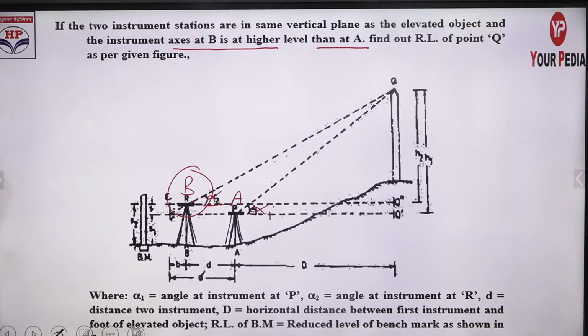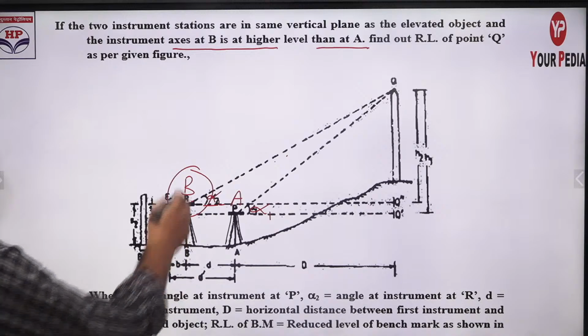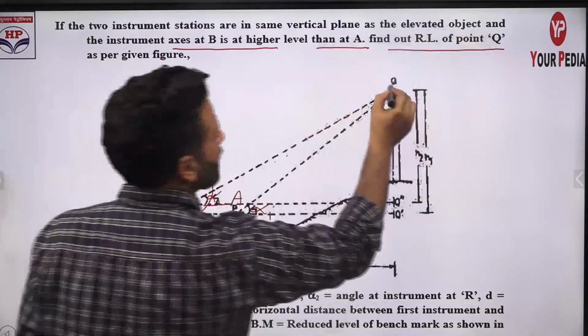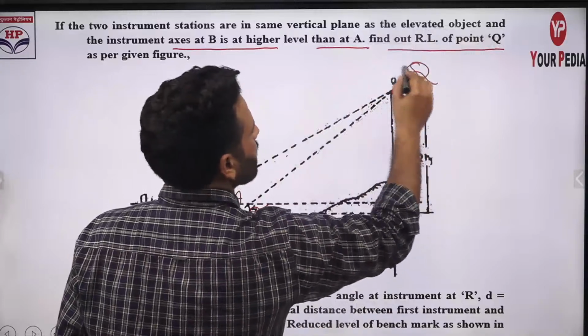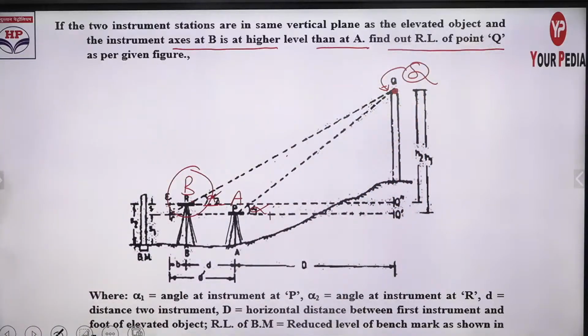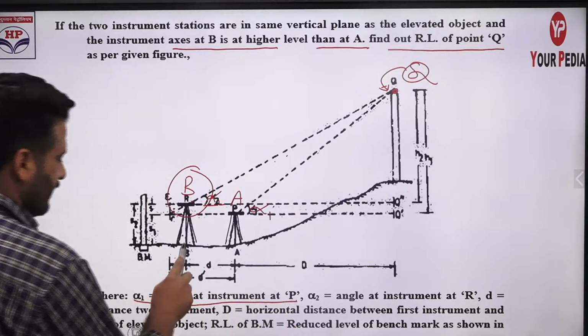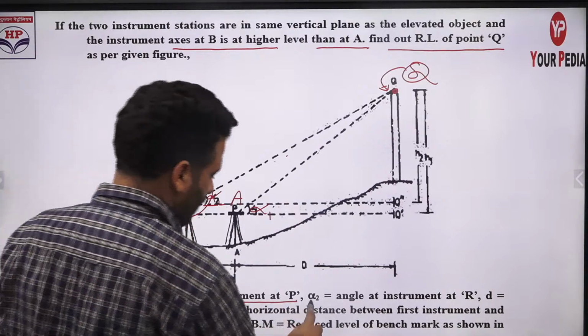As per the question, he is asking to find the RL of point Q. This is the point Q. You have to find the RL of the top of the point, and you can't reach the base of the point. This is kind of inaccessible. Alpha 1 is the angle of the instrument at P. This is the P point where the instrument is placed.